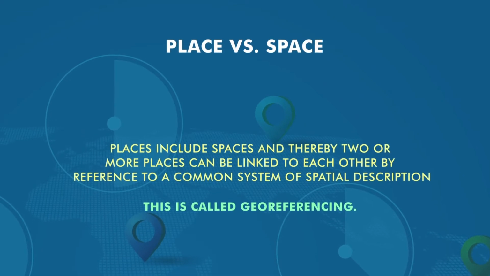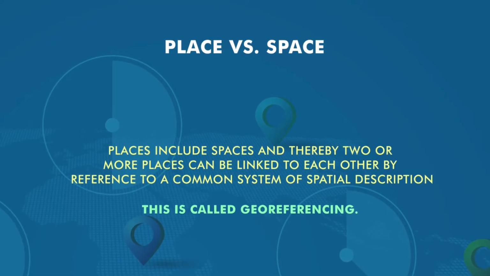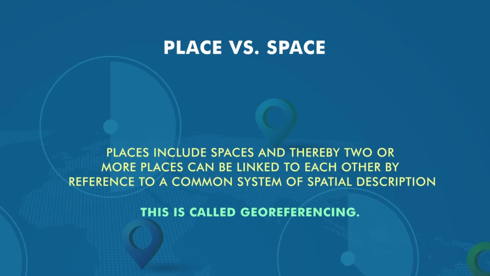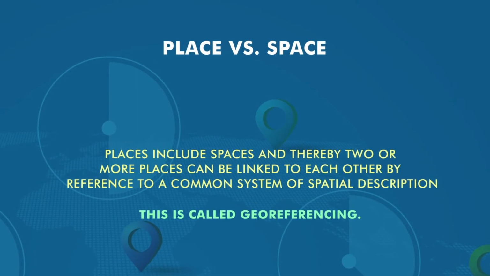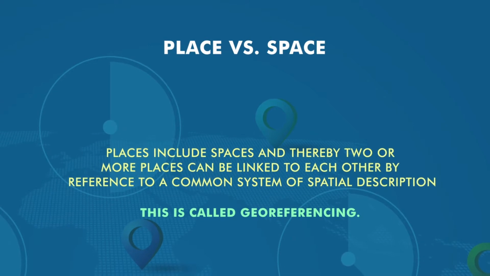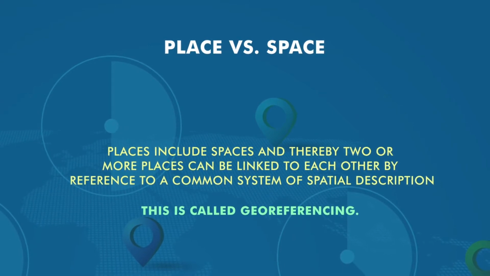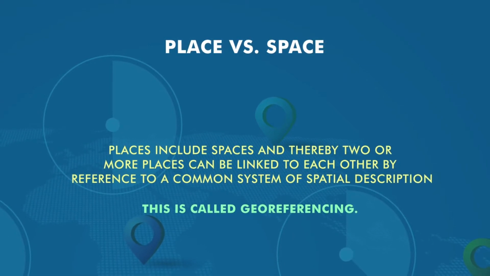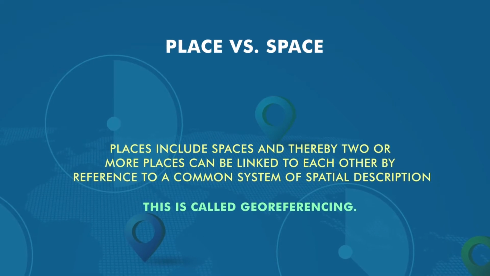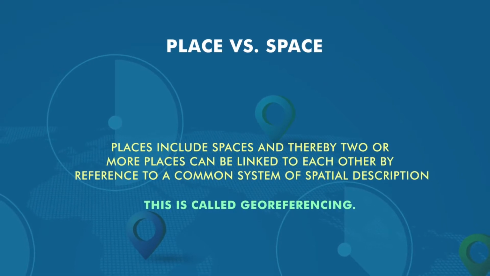For example, we can describe a particular space either by name or by its intrinsic longitude and latitude. A single set of longitude and latitude will indicate a particular point inside the space, whereas a boundary, like westernmost, easternmost, northernmost and southernmost, will give us an area.